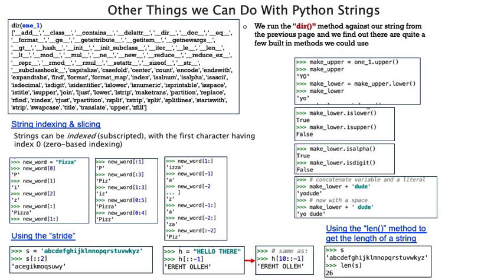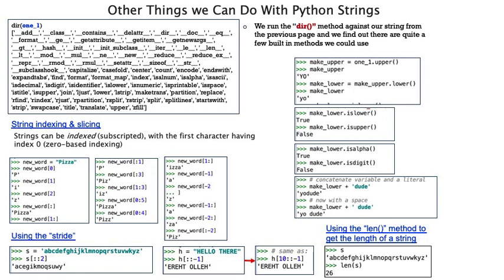So what can we do? If we start on the right-hand side, you see a variable here called make_upper, and I have that equal 1_1, our variable from the previous slide, and I feed that the .upper method. What happens is it used to be yo, lowercase, and that changes it to uppercase.